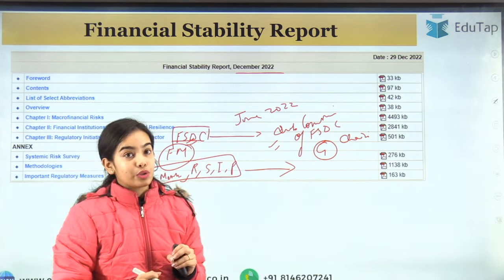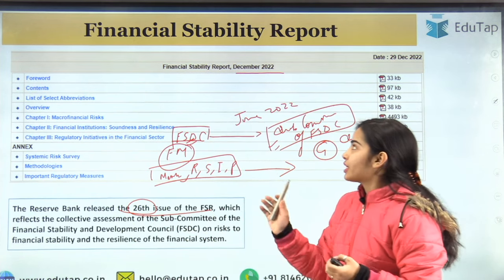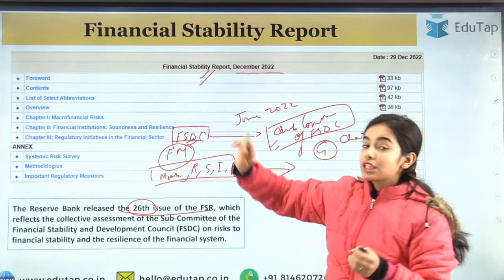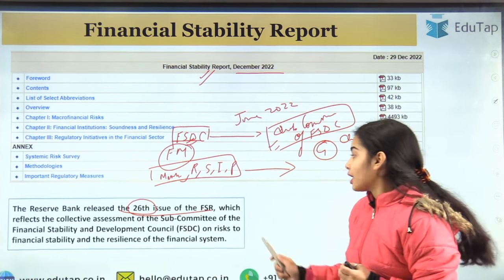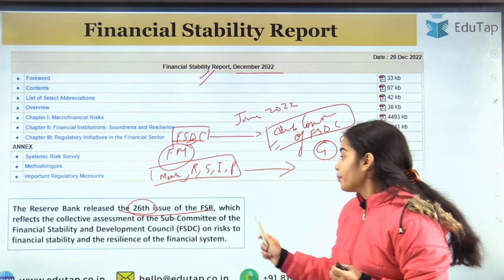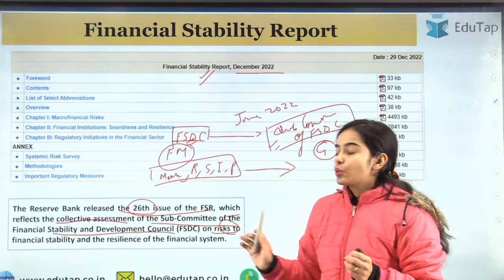So now this subcommittee of the FSDC is the one that does the collective assessment, and that brings out this report, we can say. So the Reserve Bank has released this 26th issue of the FSR, which reflects the collective assessment of the subcommittee of the FSDC on risk to financial stability.